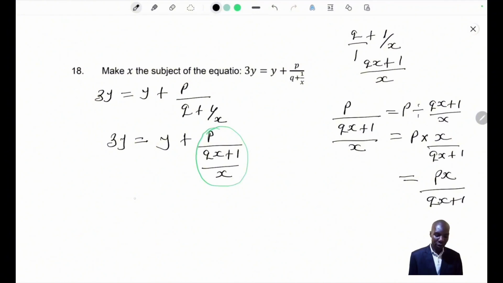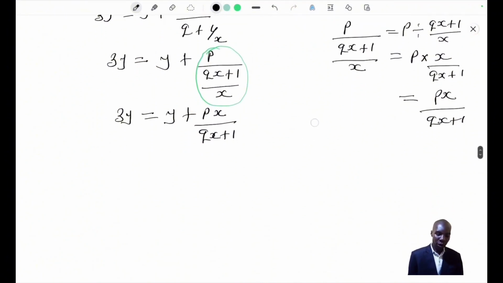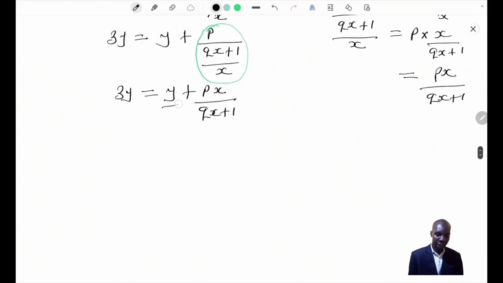So in our case here, we are going to have 3y equals y plus px over qx plus 1. Our aim is to make x the subject of the formula. On the right hand side, we can get the LCM.